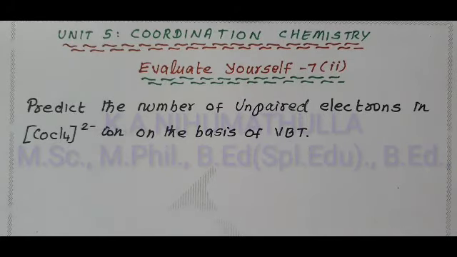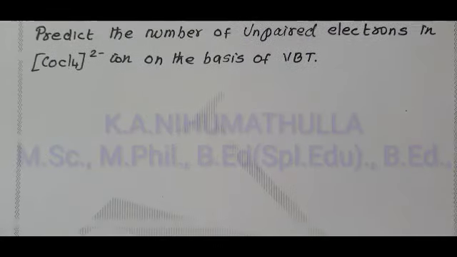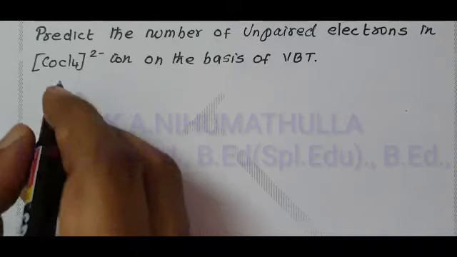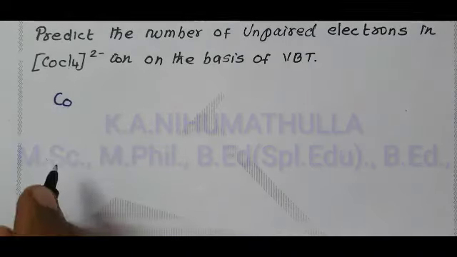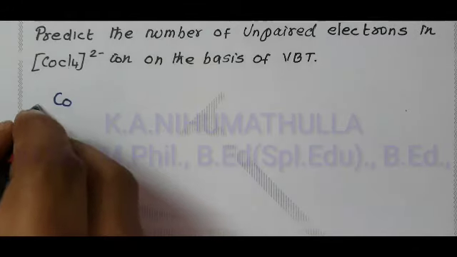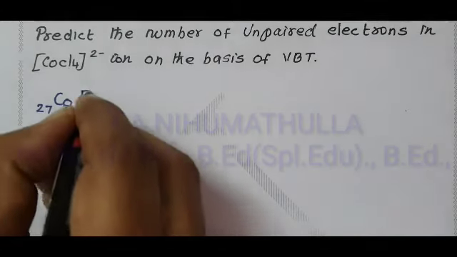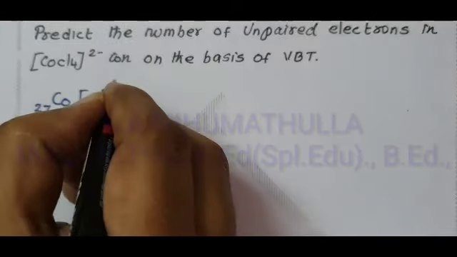First, we have to write the electronic configuration of the metal and the ions. The d block element acting as the central metal ion is cobalt. Cobalt atomic number 27, electronic configuration argon 18.